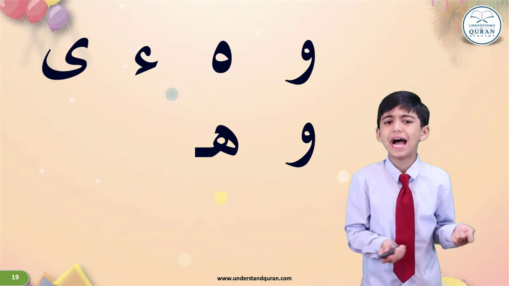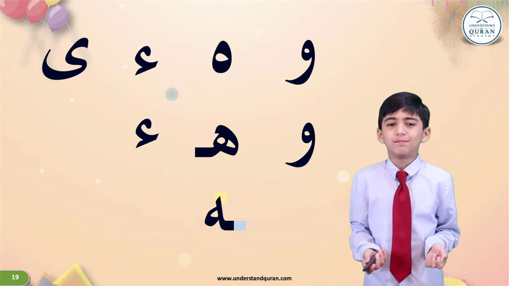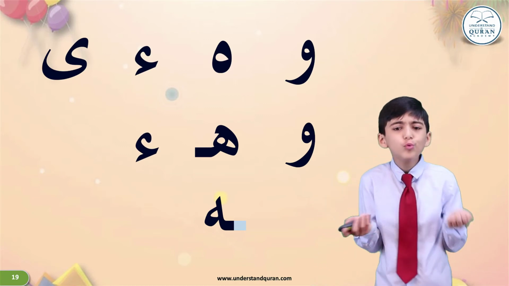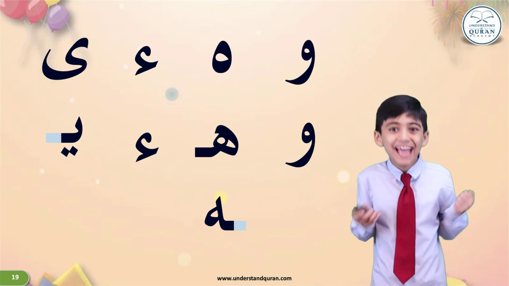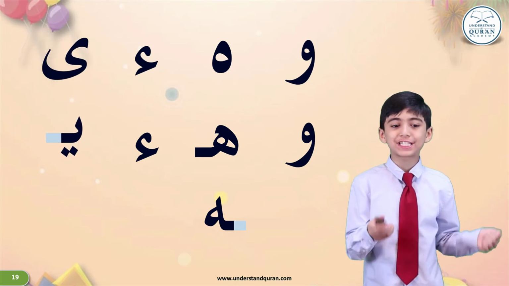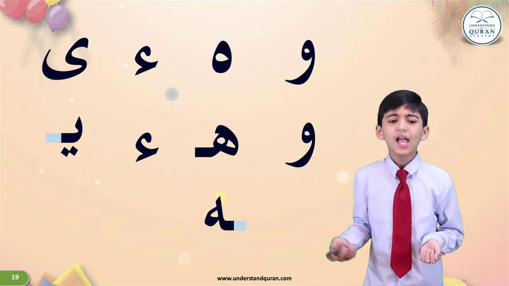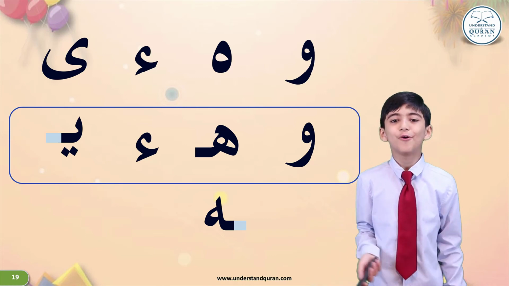And Ha also has another form. Baby Hamza also doesn't have any short form because it's too thin and small. And Ya, the last letter, its short form is just its face with two dots below it. Now repeat with me the letters in the rectangular box.